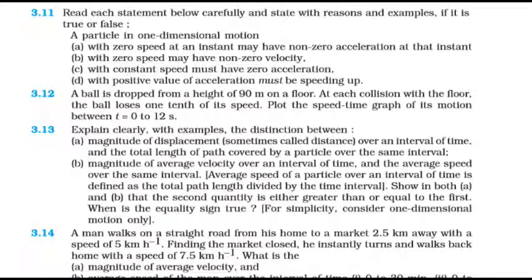A. A particle in one-dimensional motion with zero speed at an instant may have zero acceleration, non-zero acceleration at that instant. So first let us see this one, then one by one we'll move.